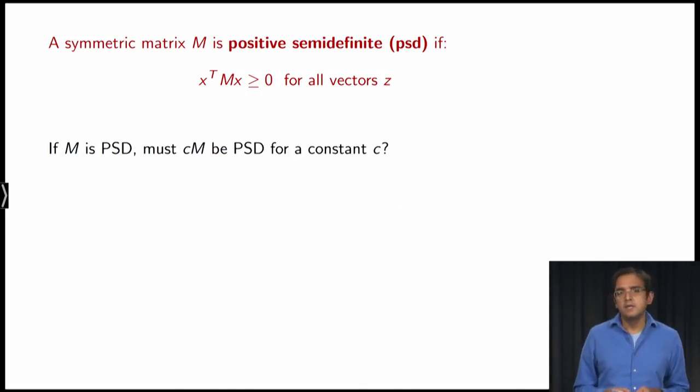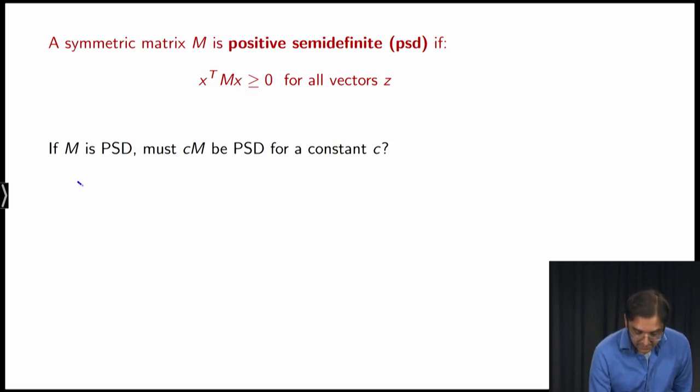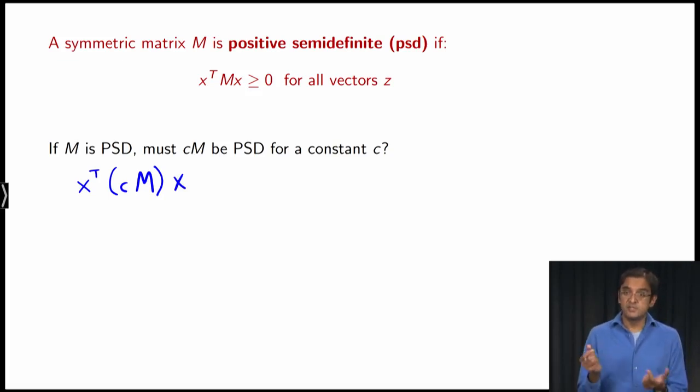Okay. Now suppose we have a positive semi-definite matrix M. What about 2 times M? Is that positive semi-definite as well? Yes, it is. And more generally, what about C times M? Well, let's take a look. So we have x transpose C times M x. C is just a constant, so we can pull it out.